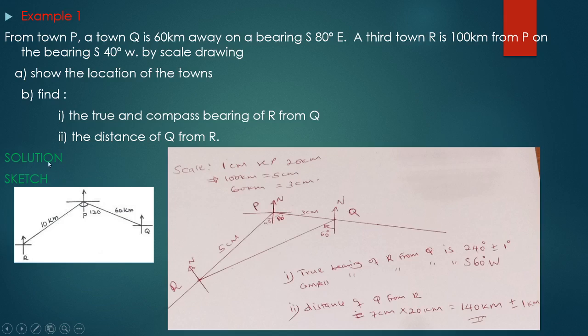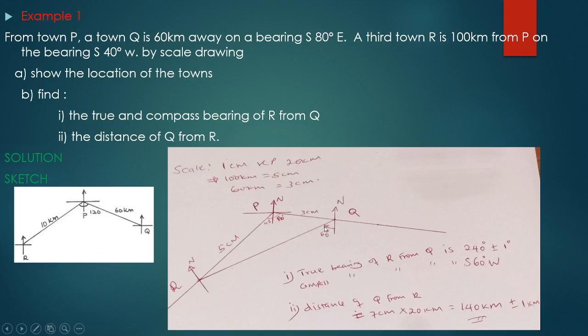And then from there, you answer the question of finding the true and the compass bearing. The true bearing of R from Q means your point of reference is Q. You go to Q and locate R from Q by finding a true bearing and a compass bearing. A true bearing is measured from the north clockwise.